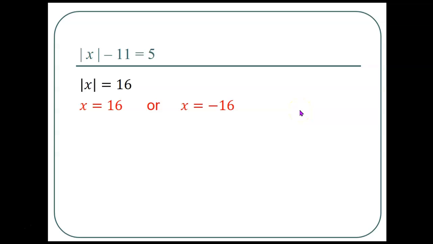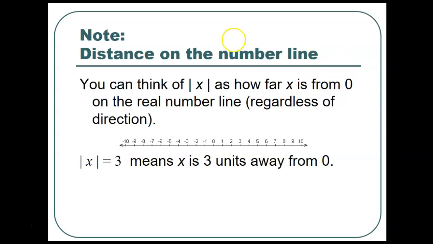So now you know how to solve basic, linear, simple, absolute value equations. And that's pretty much as far as we're going with that. But I wanted to mention how this relates to distance on the number line, if that helps you to think about or visualize what's going on.